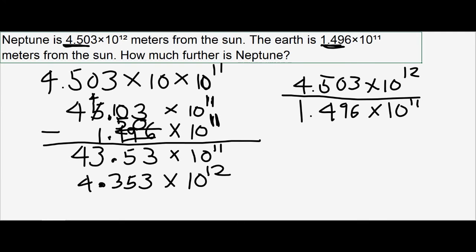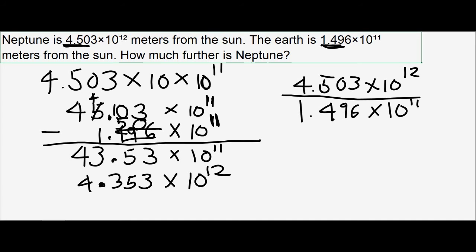And this is where our exponent rules really come into play. Because I can now say I have 10 to the 12th in the numerator. I'm going to divide by 11 tens. I'm really going to just be left with 10.